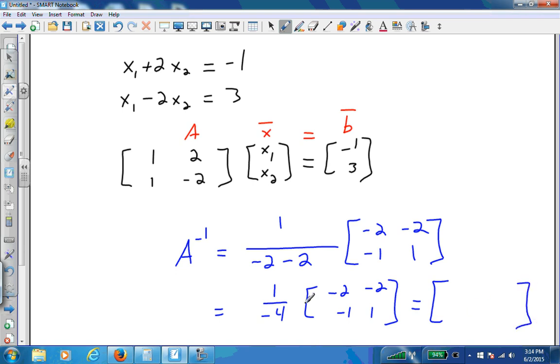So that's a scalar times a matrix, negative 1/4 times each entry. Negative times negative is positive, negative times negative is positive, negative times negative is positive, negative times positive is negative.